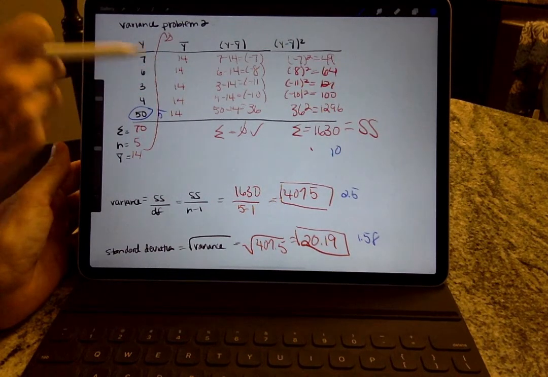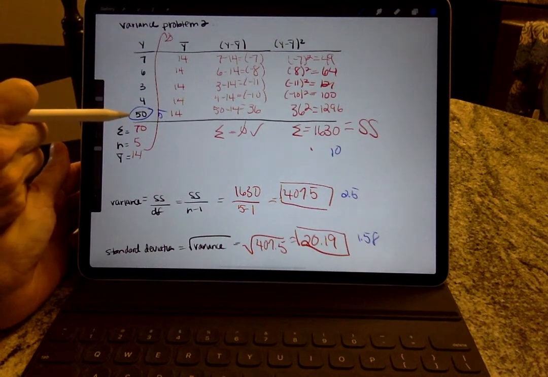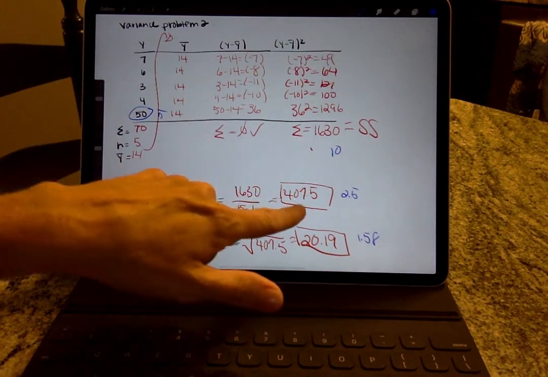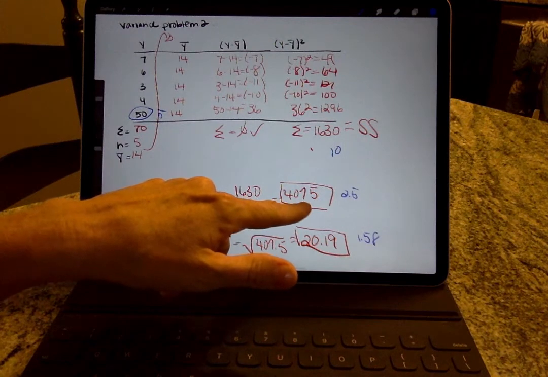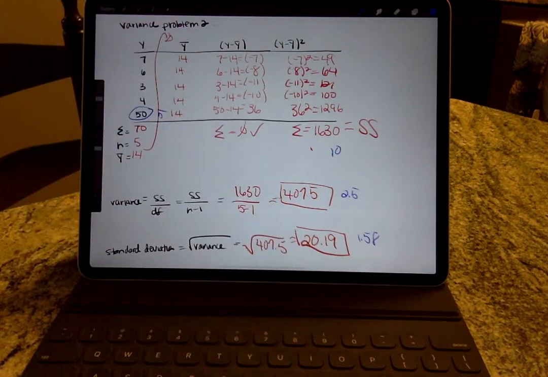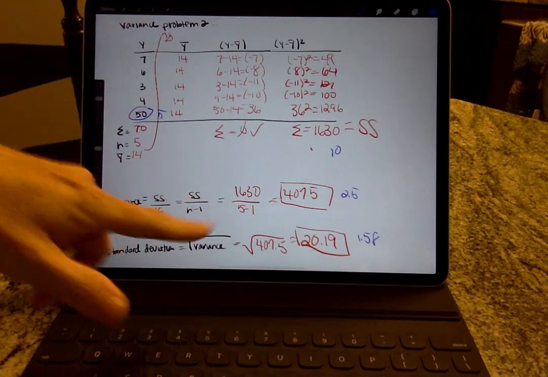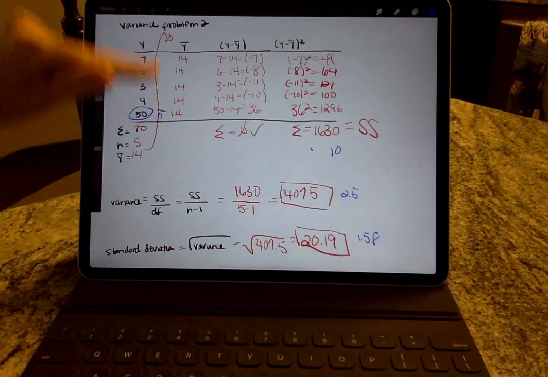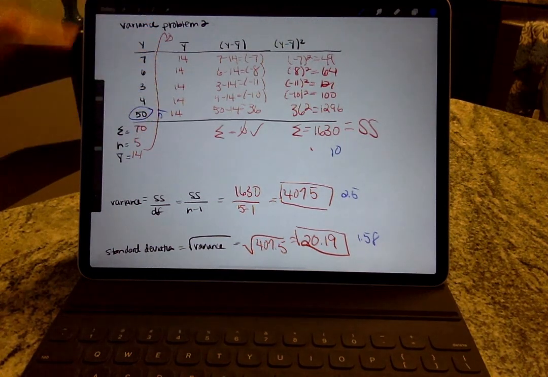All the other numbers stayed exactly the same, but having one outlier, one number that was outside of the range, caused in this problem a 20-fold increase in the size of the variance and a 10-fold, 15-fold increase in the size of the standard deviation. So variance and standard deviation really give you a mathematical idea of how variable the scores are in your sample.